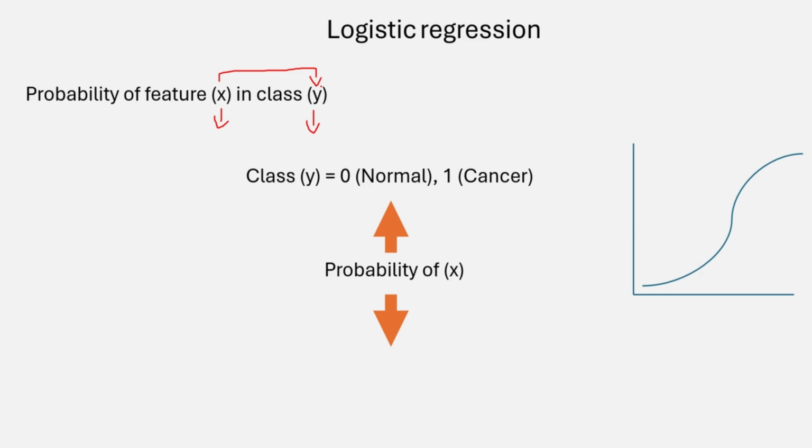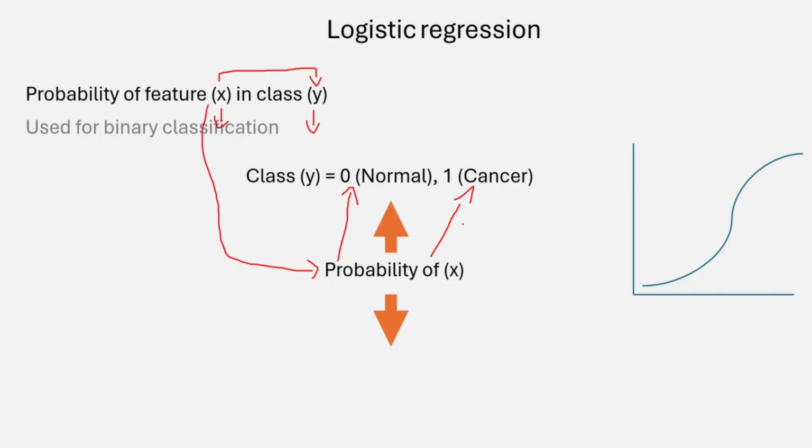Then you have to take that in the normal, if this X is present, what is the probability of this X to be present in normal, and what is the probability of this X in cancer? It could be a feature or any gene or any biologically relevant thing that you can measure in normal and cancer patients. So you're going to take the probability and use it for binary classification.